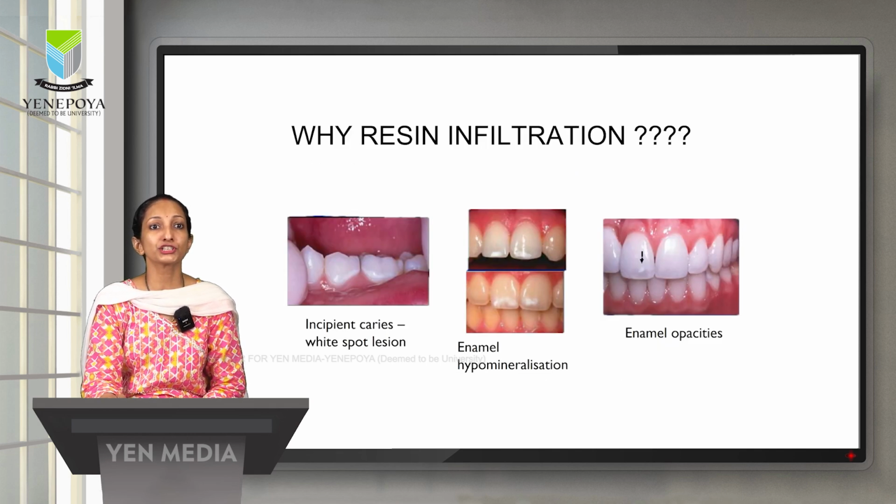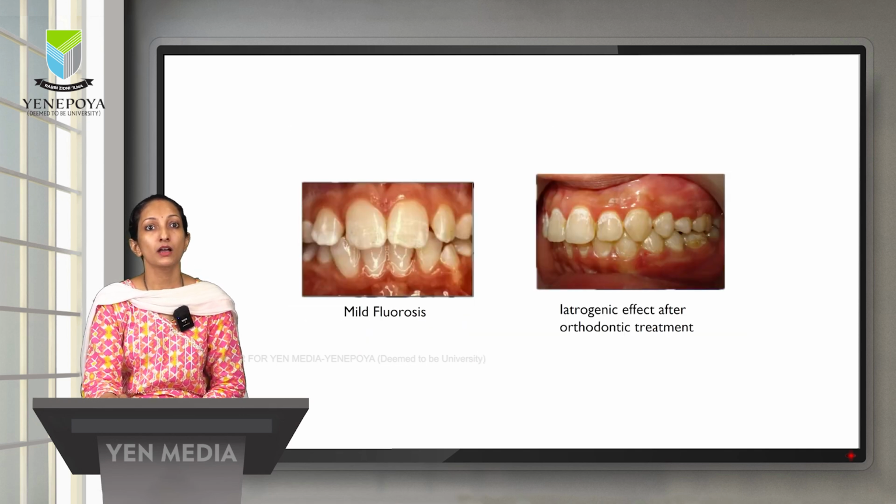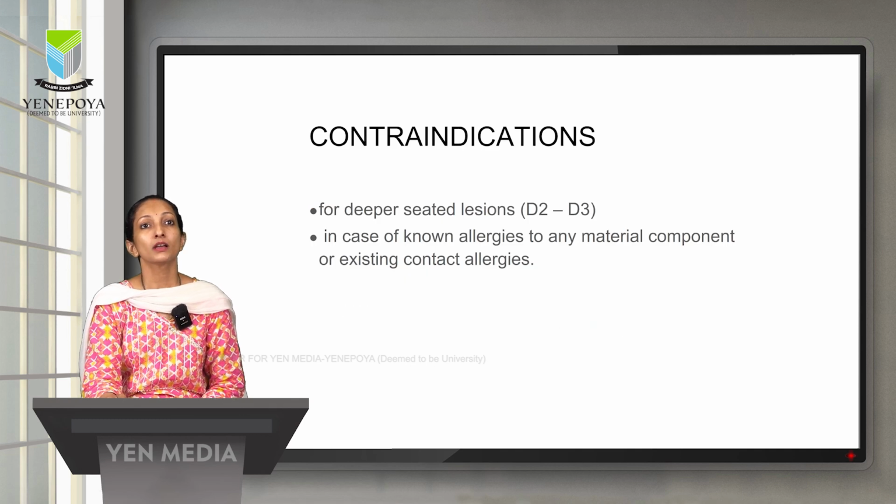Now, why resin infiltration? It is an excellent material for incipient caries or white spot lesion, enamel hypomineralization and enamel opacities. Also, it can be used with excellent results in mild fluorosis, iatrogenic effect after orthodontic treatment, etc.